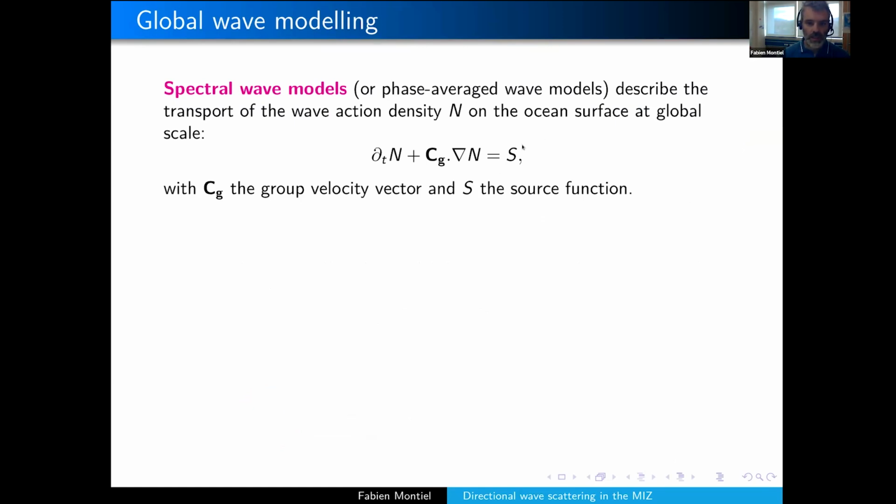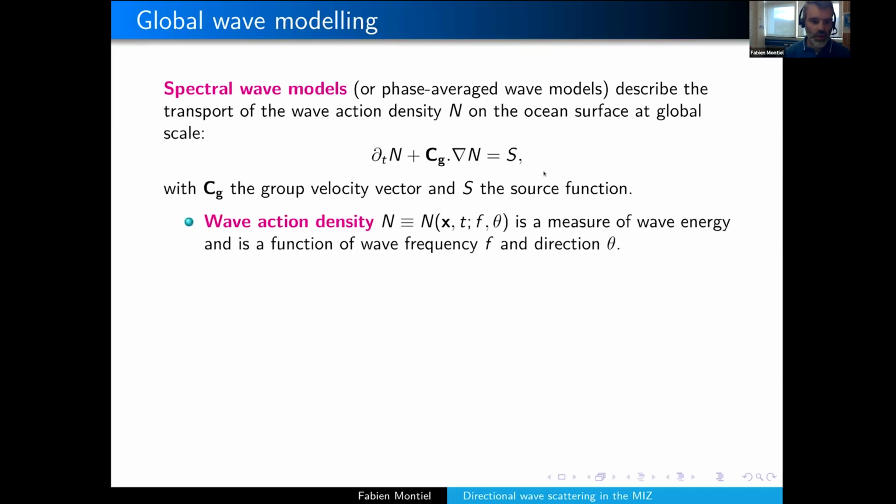And then on the right-hand side, you have S, which is the source function. If it's 0, then it's just a transport which preserves the spectrum. And if it's not 0, then you have other things happening. This wave action density is a function, of course, of space and time, but also of frequency and direction.